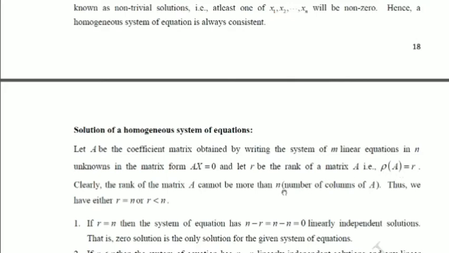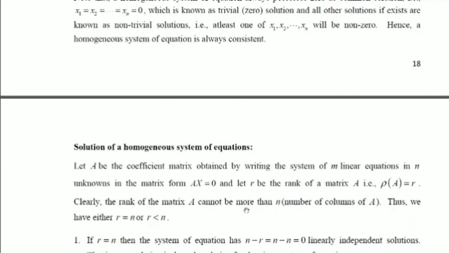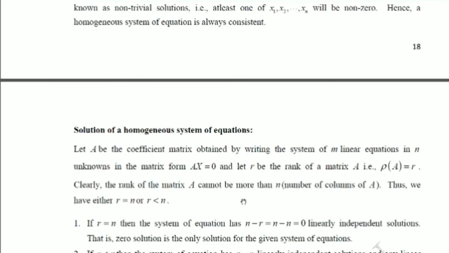Now we know that because this system has m equations, our rank cannot be more than m, and also because the number of unknowns is n, the rank cannot be more than n. Thus we have either R equal to n, or R less than n.